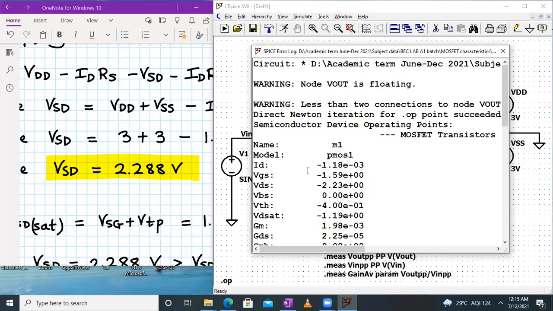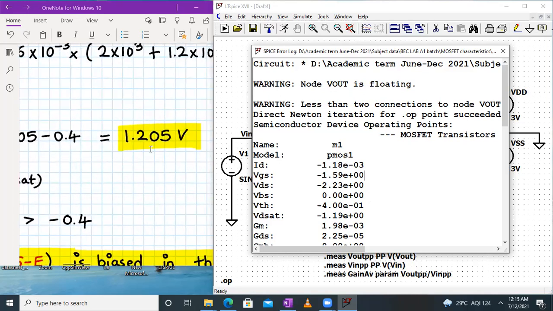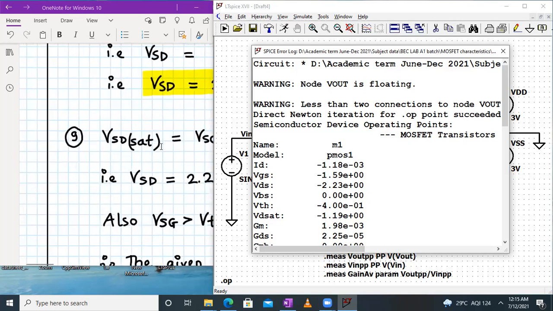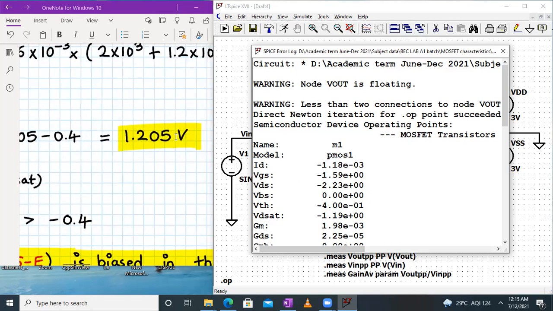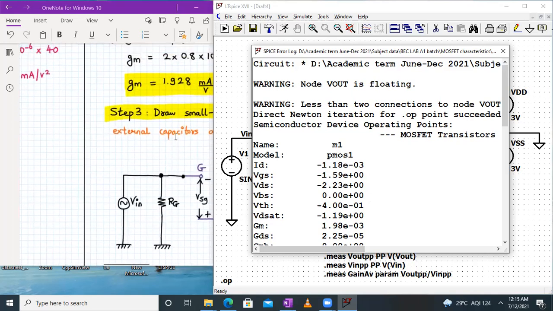That is absolutely fine because there is a slight deviation in the second digit after the decimal point. So VSD will be positive, VDS will be negative. And then VDSAT, let us check. VSD sat is 1.21 and here it is 1.19. That's very fine. Here it is VDS sat and here we are calculating VSD sat. So hence it is coming as positive and negative. And now let's calculate the value of gm.